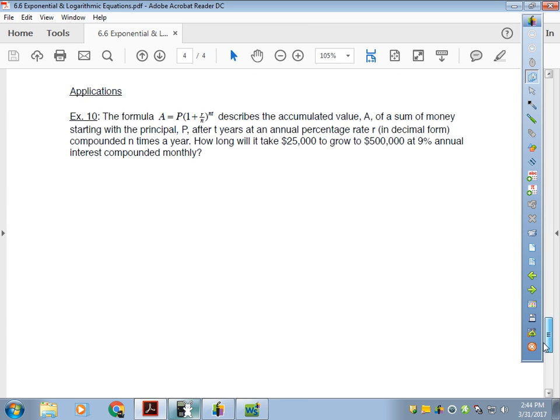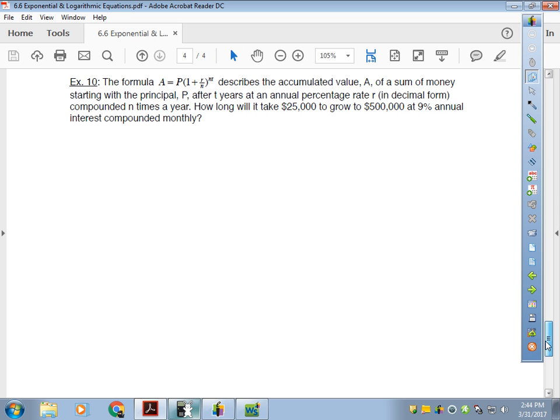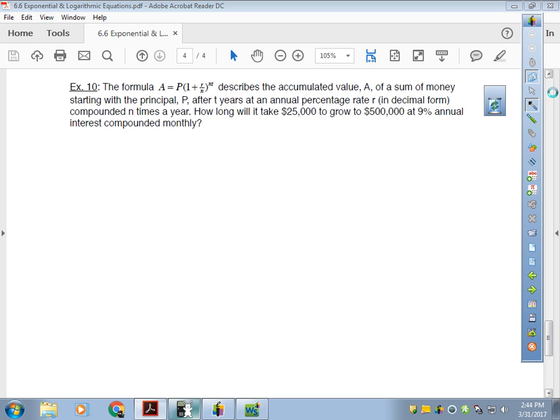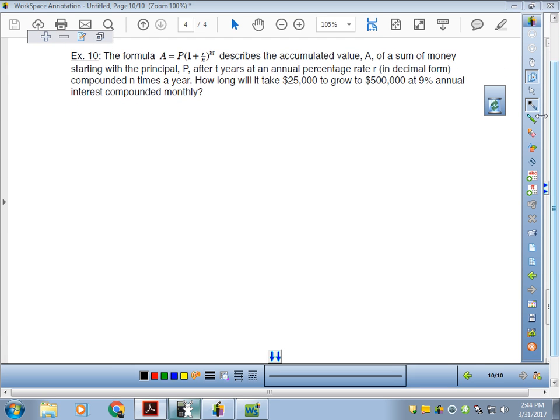The very last thing we're going to look at is an application problem. Example 10 is kind of a preview of what you'll see in 6.7 and 6.8.